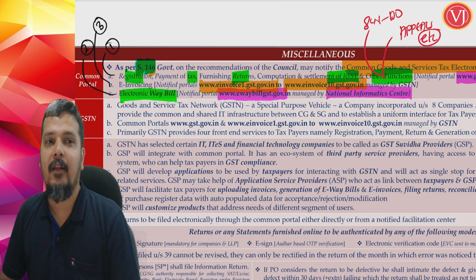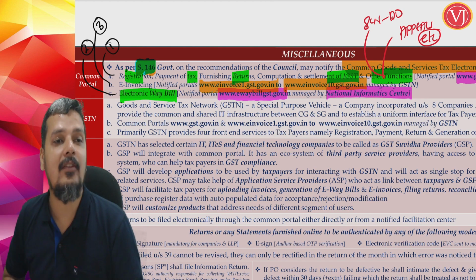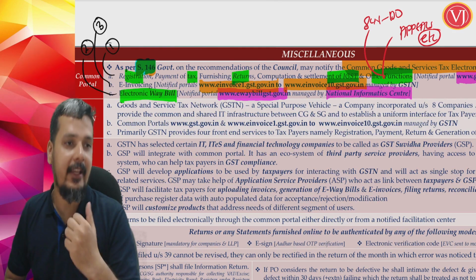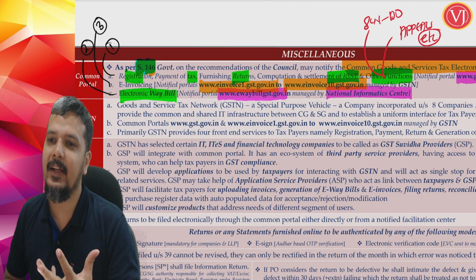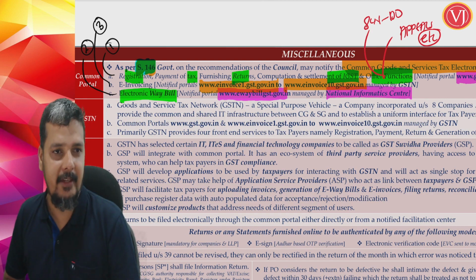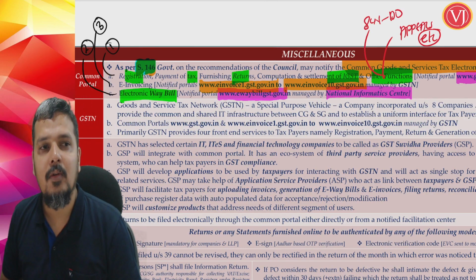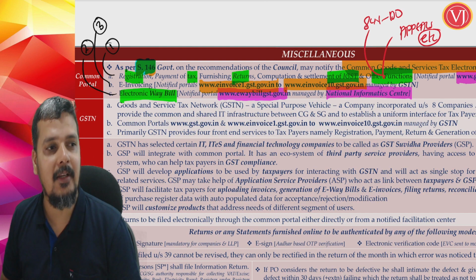Why? Because they will be used by someone called your GST Suvidha providers. Supposing you are using Tally, for example, you can actually generate e-waybill as well as e-invoice automatically. How? Tally from the back end will talk to the GST portal.